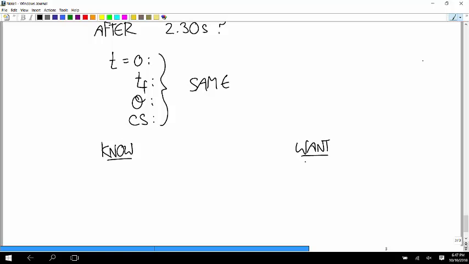Okay, so we know time final, right? Because it's asking what's happening in the time that it takes for the object to hit the ground. So time final is equal to 2.30 seconds. Now, what about the acceleration? This is the part that's easy to mess up in this problem. What do we know about the acceleration?